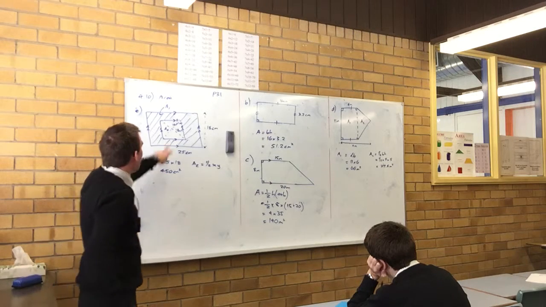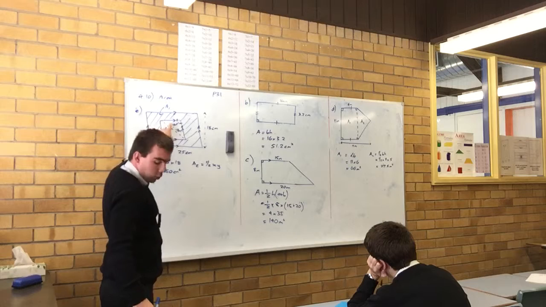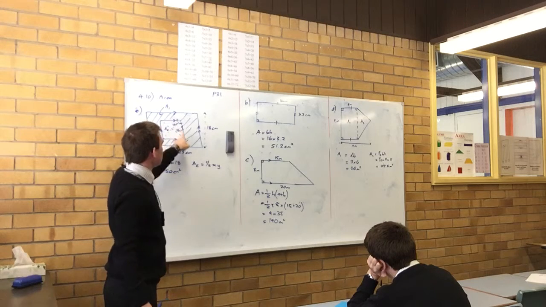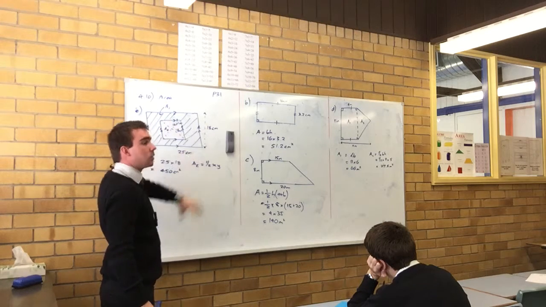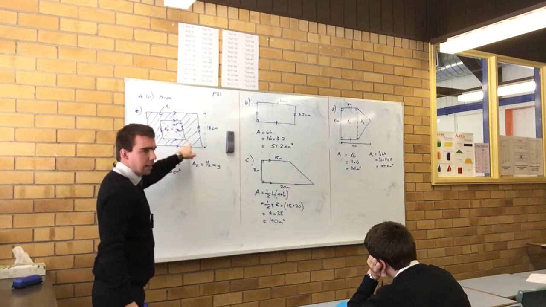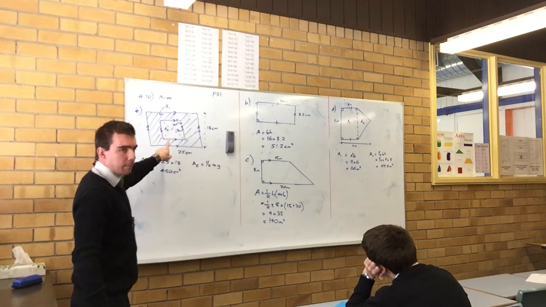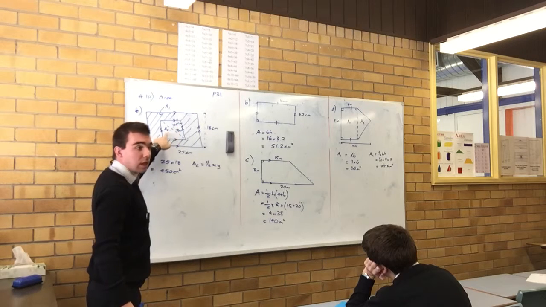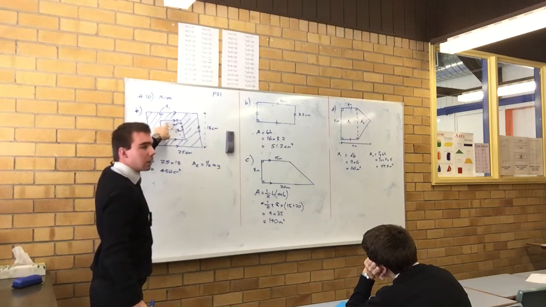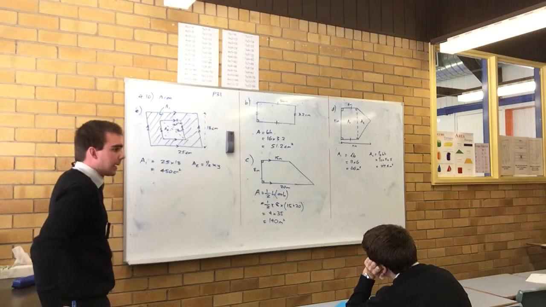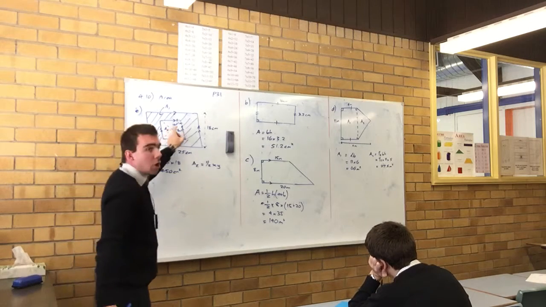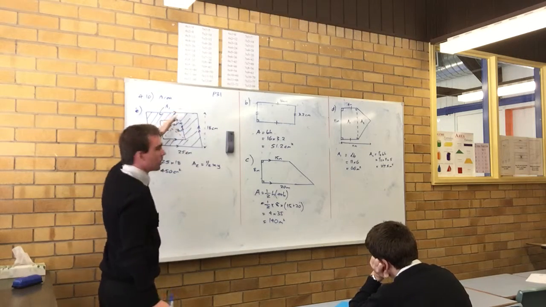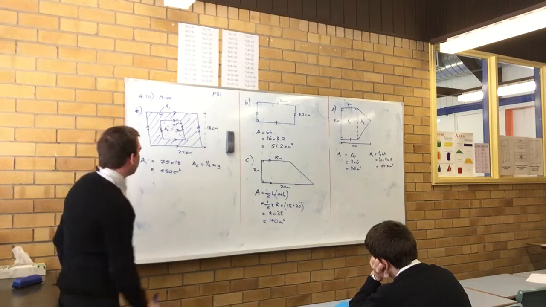Now, I've only written one, in the question there's only one dimension on both diagonals, so you assume that it's the length of the entire diagonal. If it wanted from the corner to the centre, it would have written 16 as well, and it would have written 18 up here. So unless you're told otherwise, you assume it is the length of the entire diagonal.